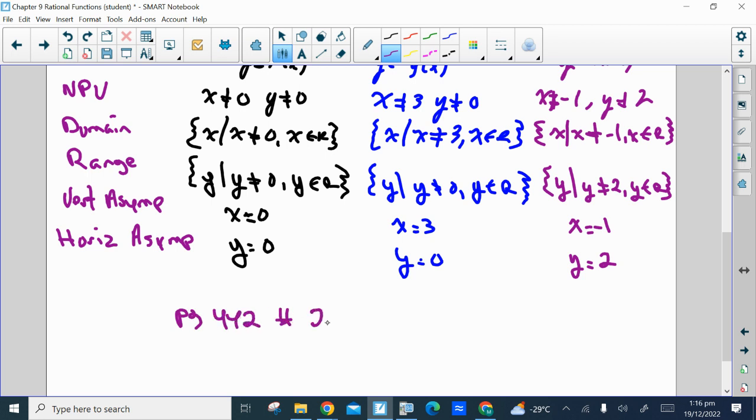So we should do questions 2 and 4 on page 442. I will post those solutions to Google Classroom so you can check your answers. So I think we just have one more lesson left, 9.2.